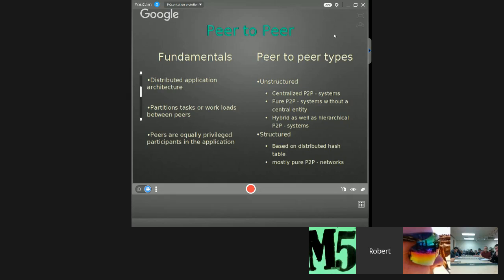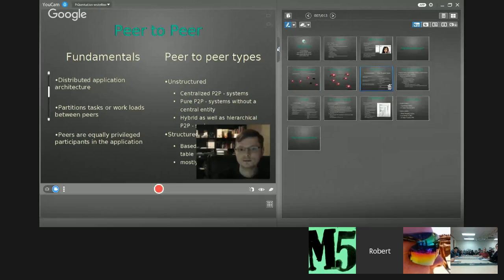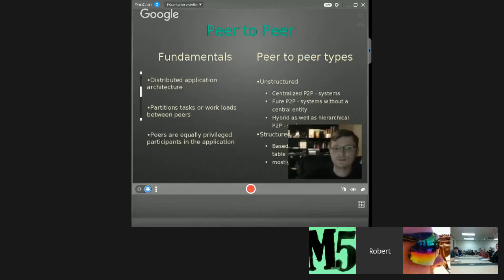There are typically two basic kinds of peer-to-peer networks. The first is unstructured. Unstructured is the first generation of peer-to-peer networks. Those were the first peer-to-peer networks which were implemented. And they are divided into three subclasses. The first one are the centralized P2P systems.